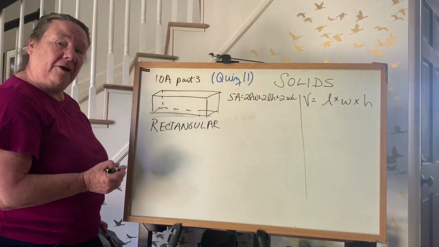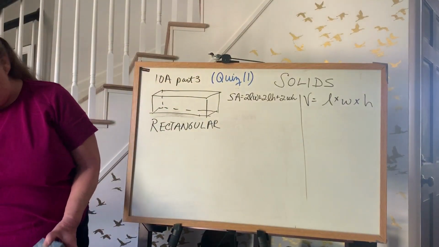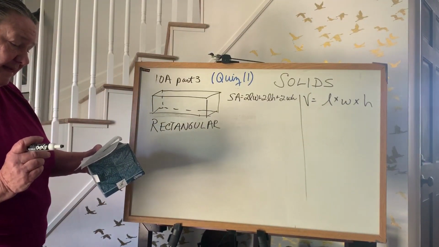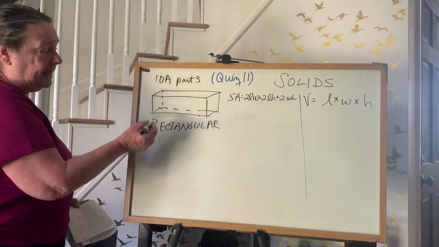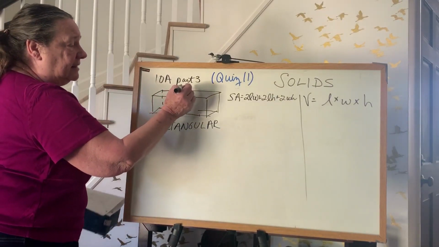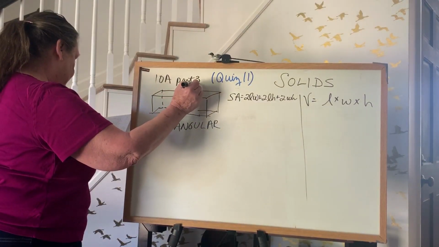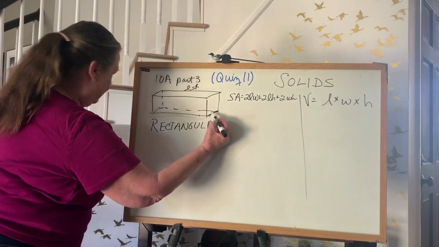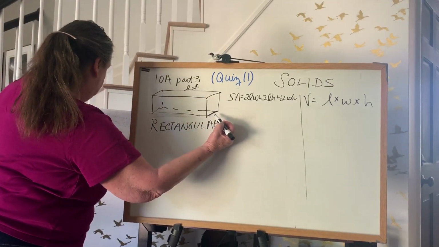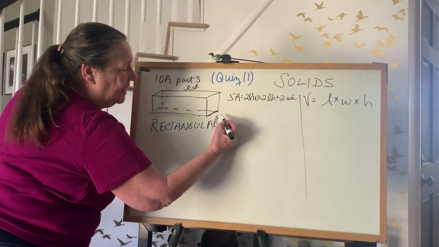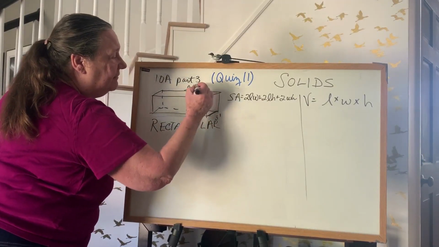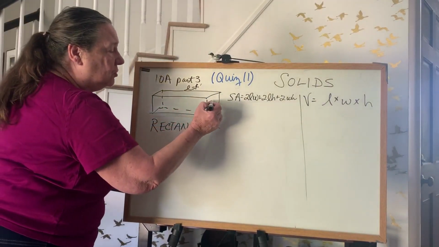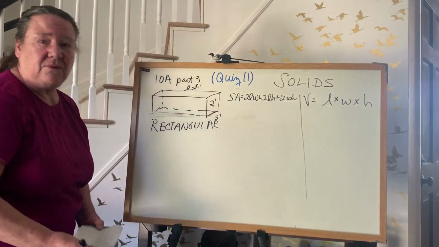So in this parallelepiped, we have the length, which is 4, the width, which is 3, and we'll call this feet, and the height is 2 feet, okay?